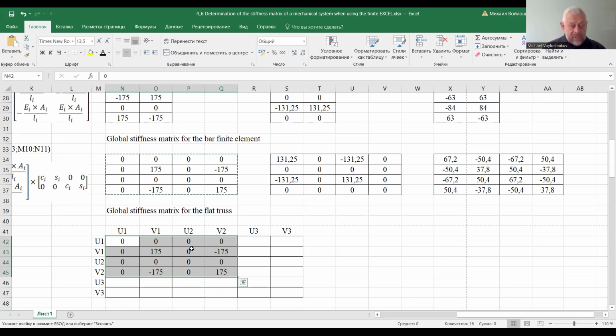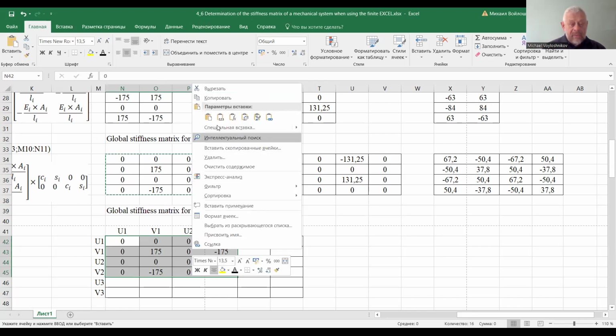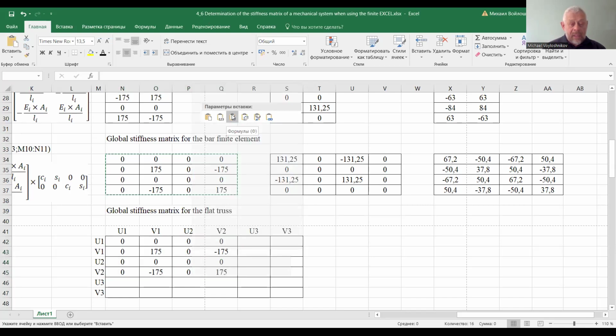So next we have to insert. We click the right button of the mouse and find the option to insert only the magnitudes, not the formulas from the previous matrix.